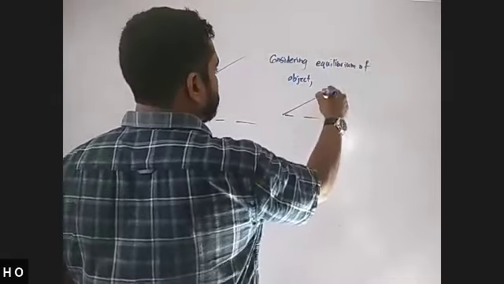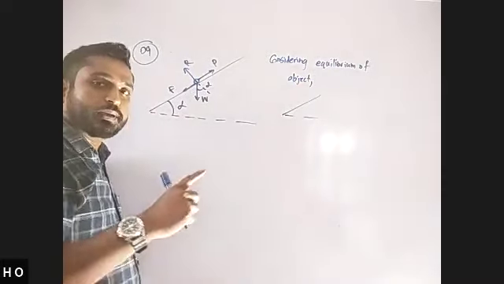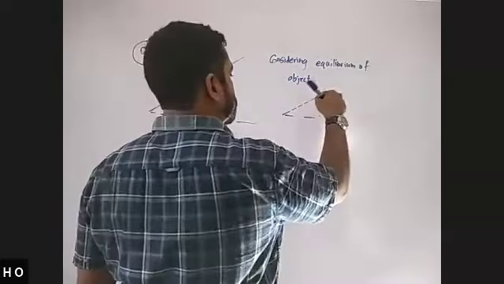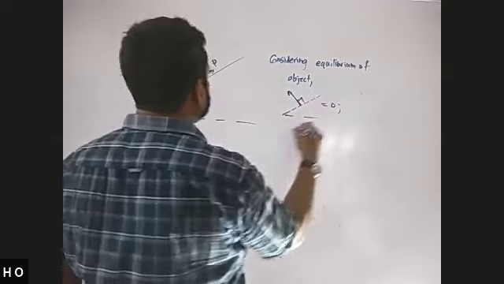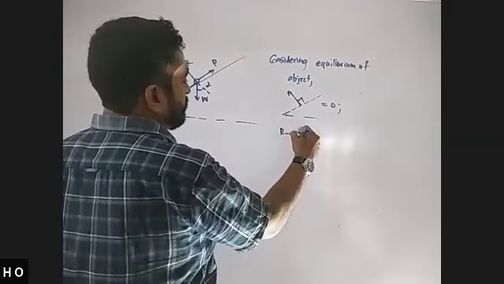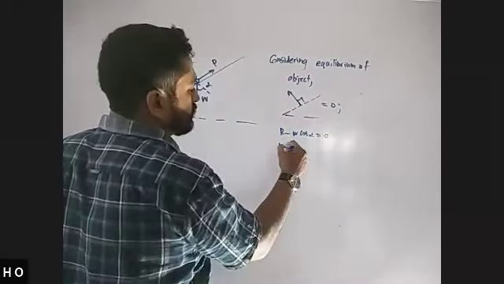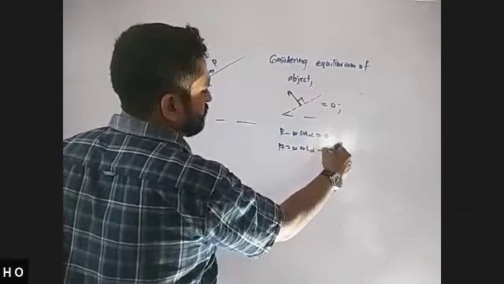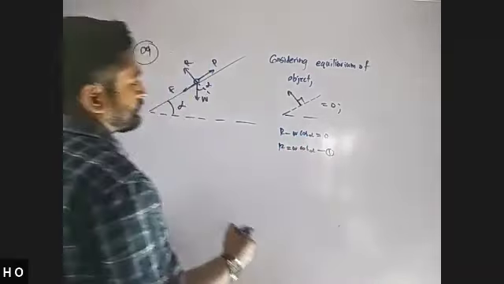Here I prefer the two components to be along the plane and perpendicular to the plane. Perpendicular to the plane, the sum is 0, so R minus W cos alpha is 0, R is W cos alpha. Equation 1.